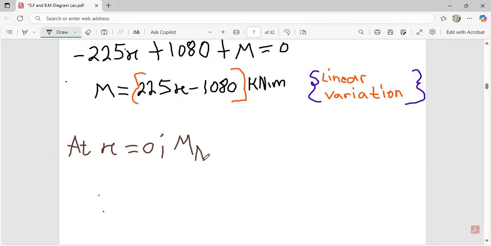So moment at A is equal to, put all of this down, 225 times (x minus 10), 80.